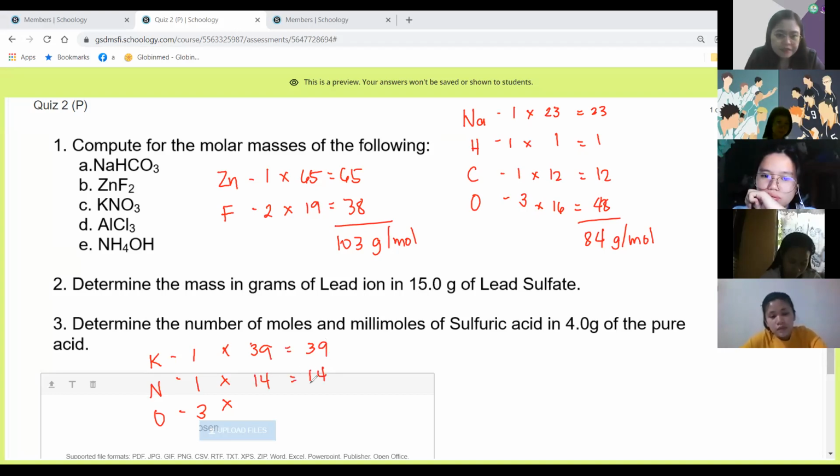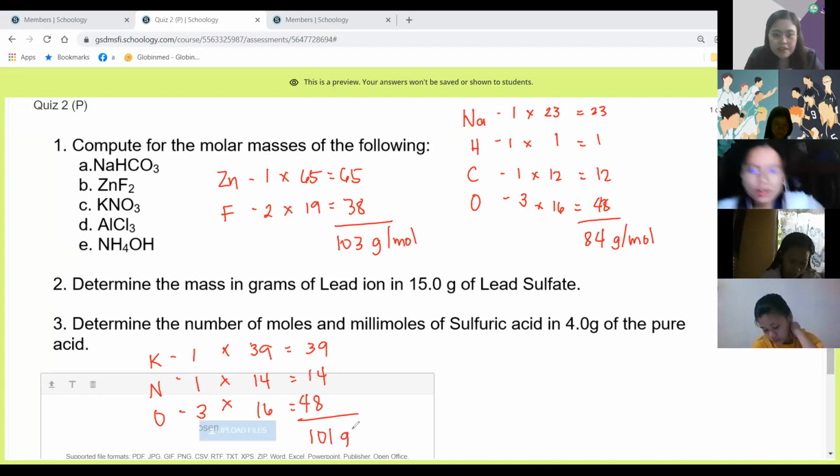Okay, 39. Then this is 14. And this is 16. So all in all, for potassium nitrate, 39 plus 14 plus 48, this is 101 grams per mole. So for letter C, the correct answer is 101 grams per mole.